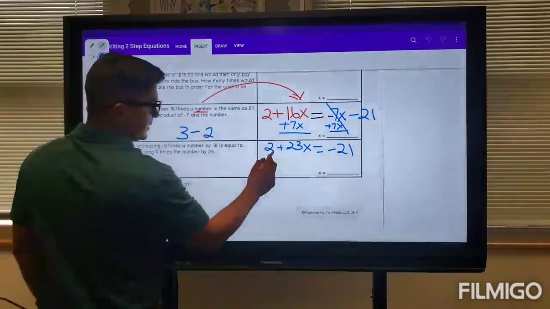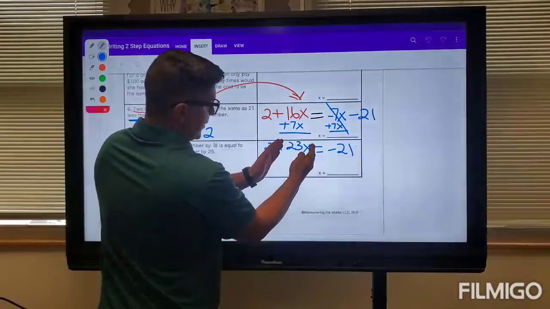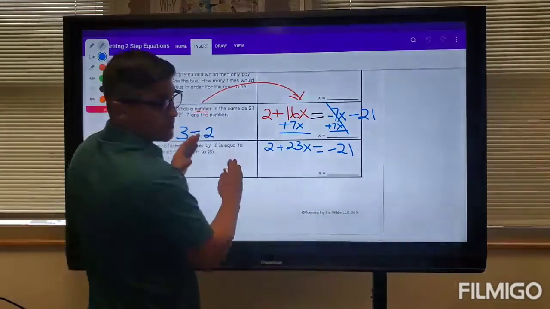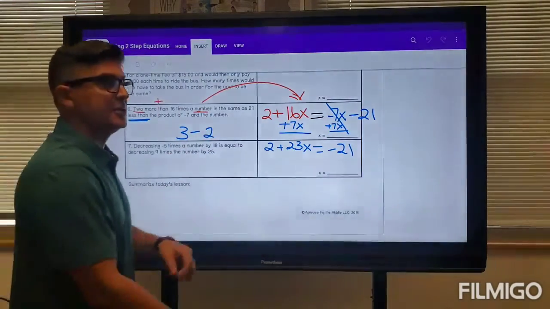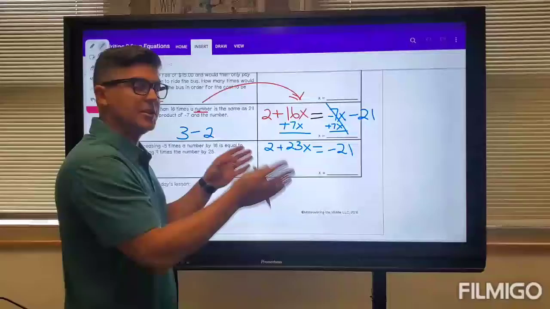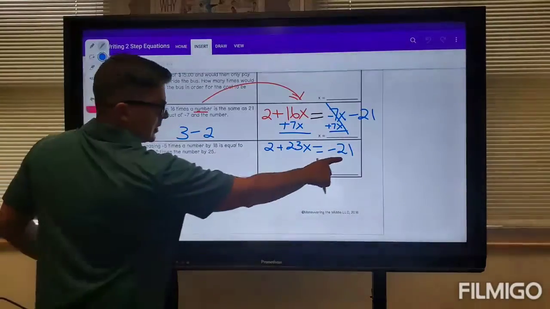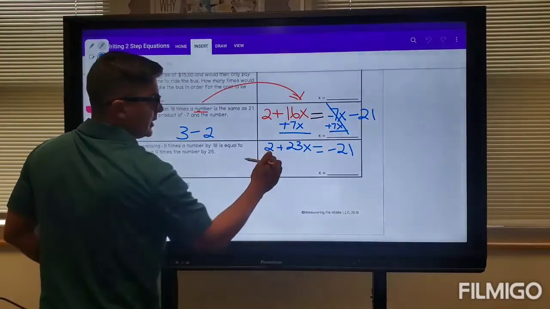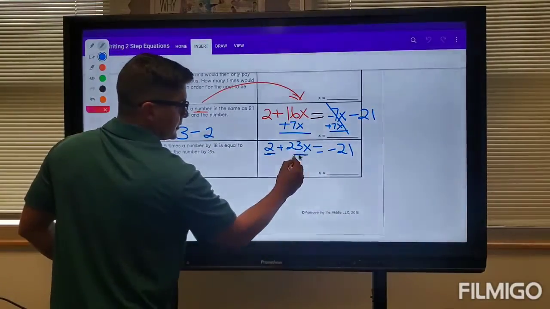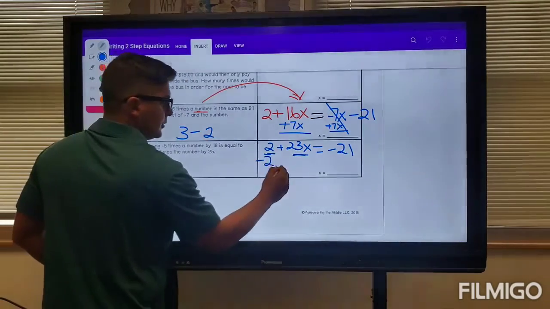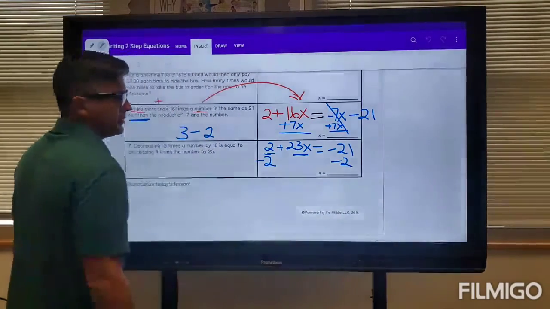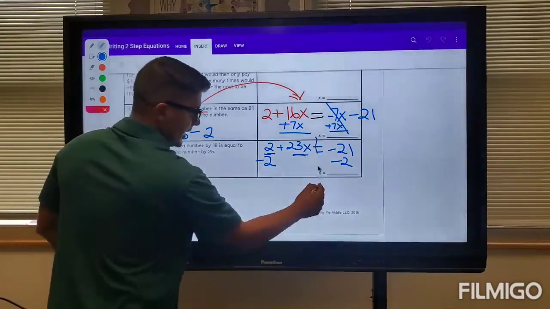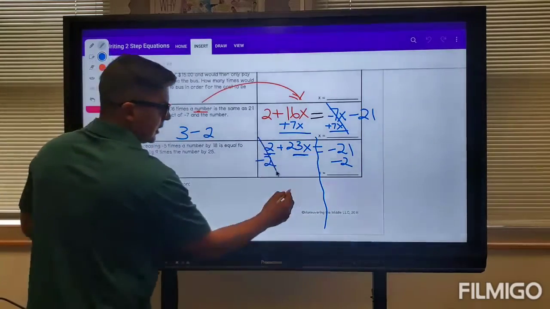What I can do next, since now I have my variables on the left side and variables only, the objective is just to get the variables on one side of the equation, numbers on the other. I'm good here, but I'm not good here because now I have numbers and variables. So I gotta take this 2 and subtract it from both sides. So on the left side of the equation, this is gone.